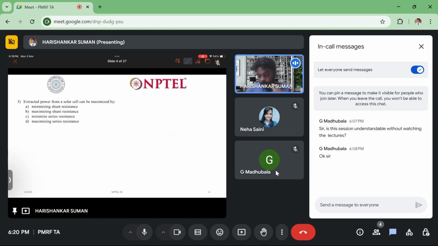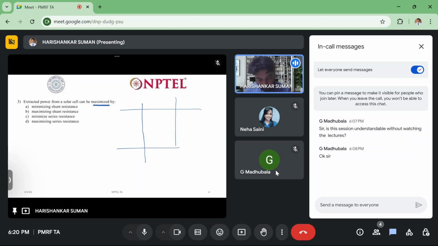Let's discuss the next question. Extracted power from a solar cell can be maximized by... How can you maximize the power extraction from the solar cell? These are four options: minimize series resistance, maximize, or minimize. So let me discuss first. We have an ideal curve.